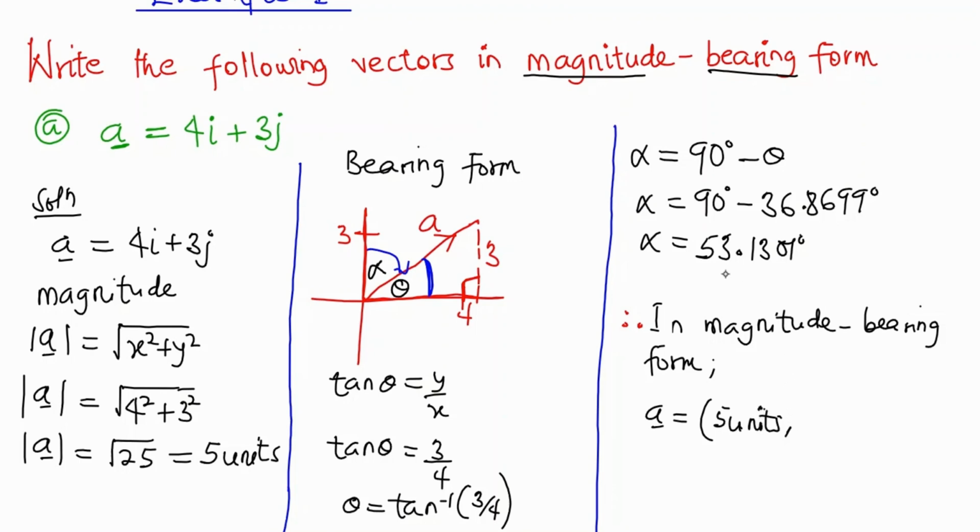But we know that bearings are written in 3-digit angles. This one is only 2-digit before the decimal, so we have to write 0 first, then 53, so we have 3 digits before the decimal, then 1301 degrees. This is how we can write the vector 4i plus 3j in magnitude to bearing form. I believe this is clear now. Now let's move to the next examples for more understanding and clarification.